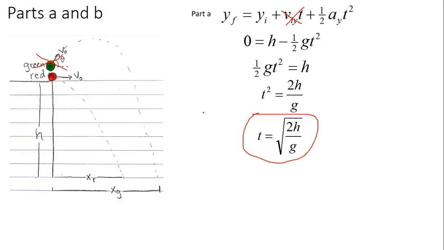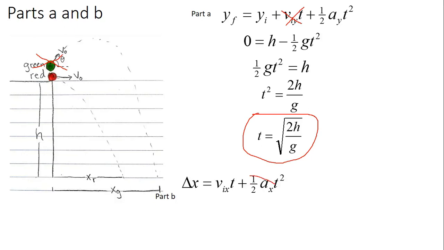For part B, I want to find an expression for the horizontal displacement of the red ball. That's what I've labeled as xr for the red horizontal distance in this diagram. So again, we want to now use the second kinematic, but this time in the x direction.